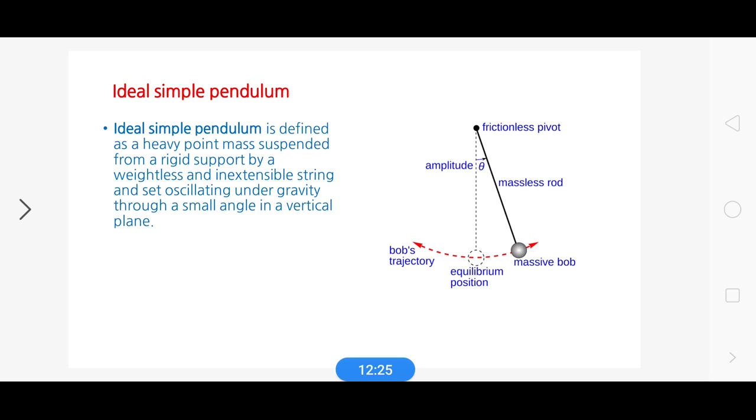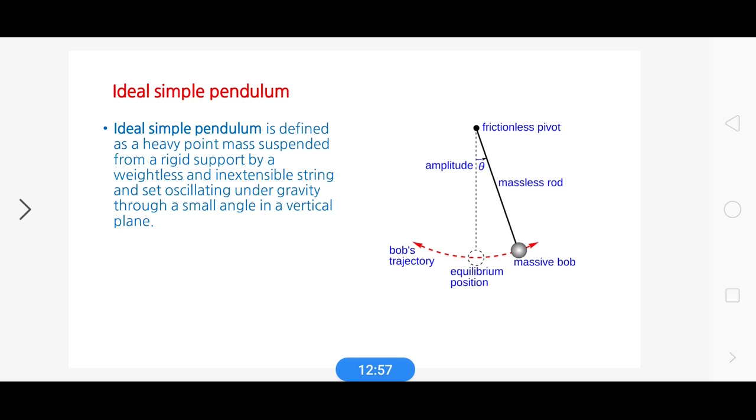So here the ideal simple pendulum has some unique features. First of all, a heavy point mass should be suspended from a rigid support. The bob will be a heavy point mass and it must be suspended from a rigid support by means of what?